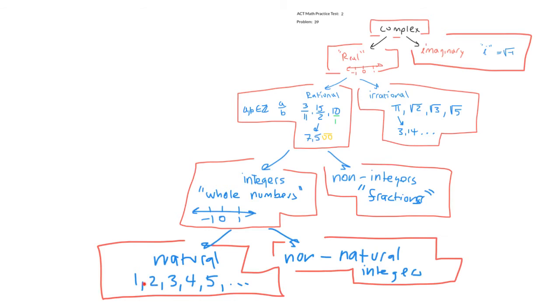Because, for example, let's take 1. What other natural number could you possibly add to 1 that would ever cause you to get a negative number? There isn't any. So in that way, there's a fancy concept called closed under addition. Natural numbers are closed under addition, meaning that anytime you add two natural numbers together, you're always just going to get another natural number.